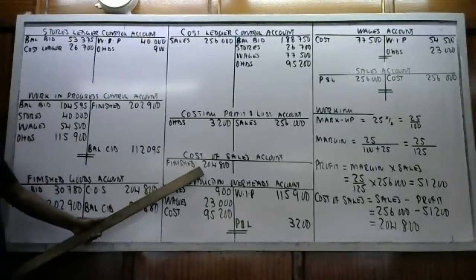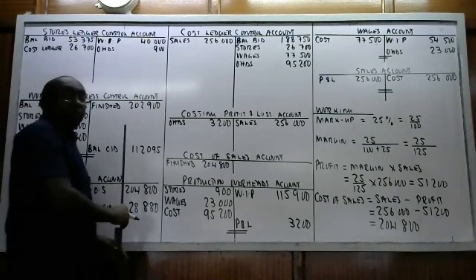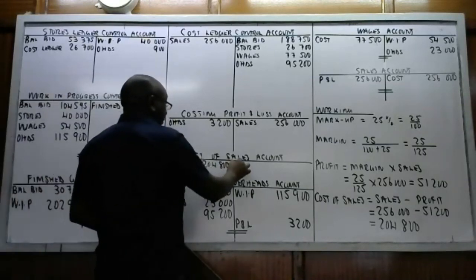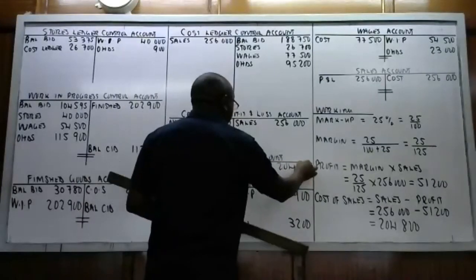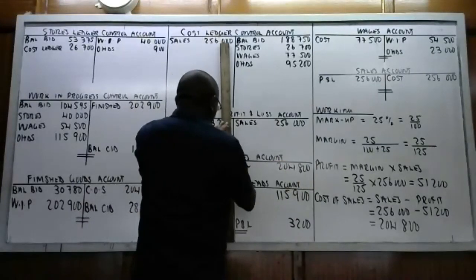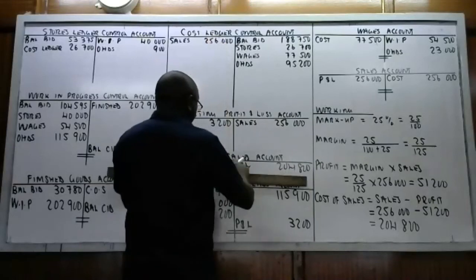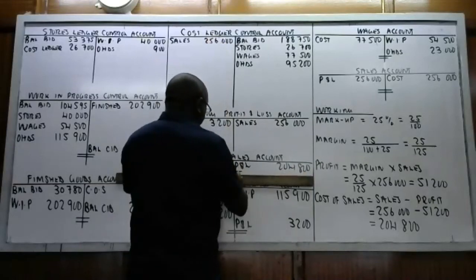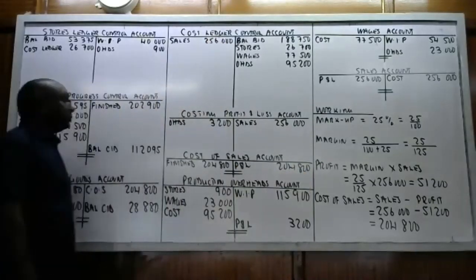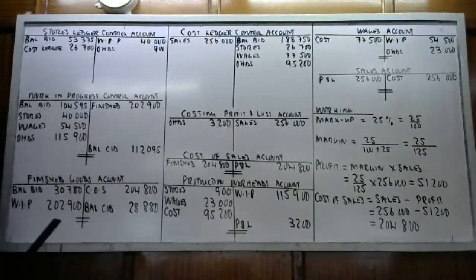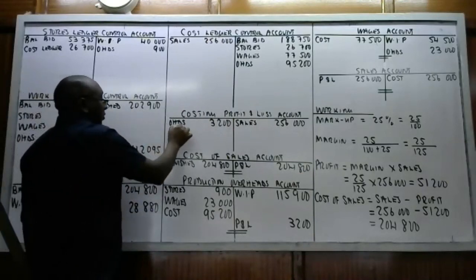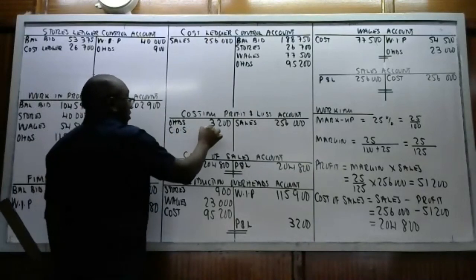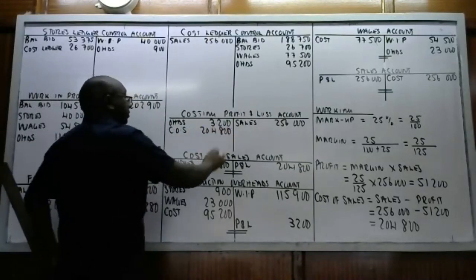Now let's go back to cost of sales. Let's close it and take it to the P&L. So to the P&L, 204,800. And this we have closed completely. So you credit here and debit the P&L because of cost of sales, 204,800.